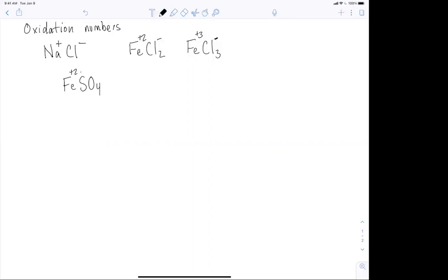The way that we do that is that oxygen, maybe I'll put it off to the side up here, oxygen is -2. The exception, because of course there's an exception because it's chemistry, is in peroxides.